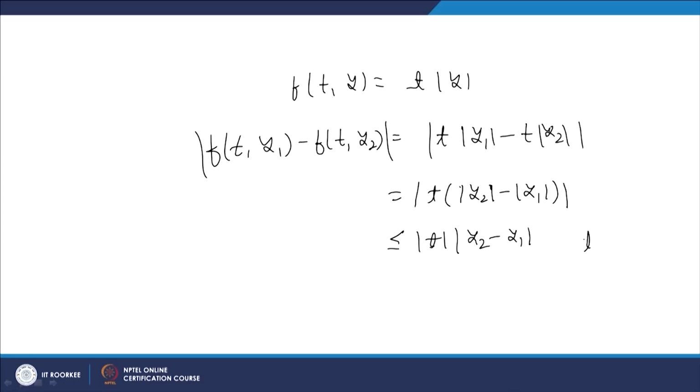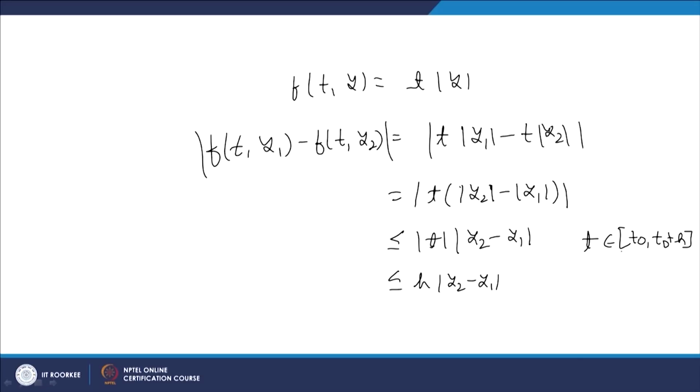Now, this t belongs to some interval. If t belongs to [t0, t0 plus h], we can say that modulus of t is bounded by h. So, we can write h times modulus of y2 minus y1. So, we can say that f satisfies the Lipschitz condition like this.